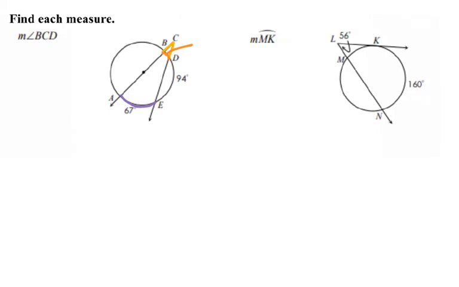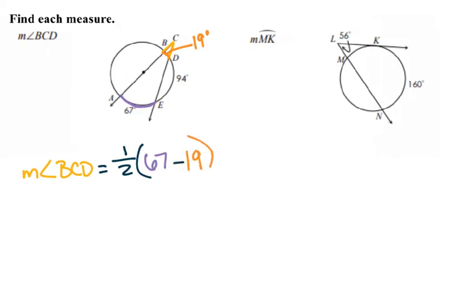So all 3 have to add to give you 180 degrees. So if I do 180 minus 67 minus 94, I get 19 degrees. So here's my formula. The measure of that outside angle is equal to 1/2 the big arc, 67, minus the little arc, 19. I put all of that in my calculator, and I get 24 degrees.